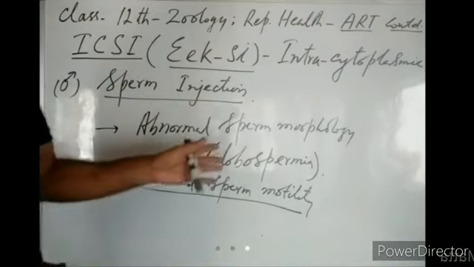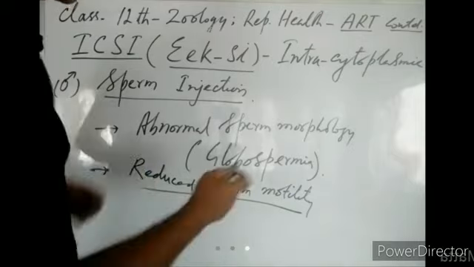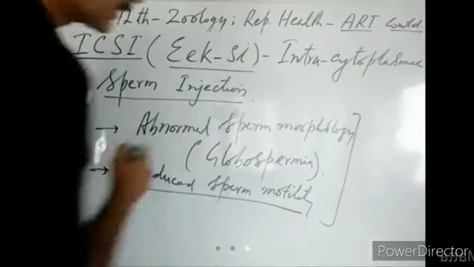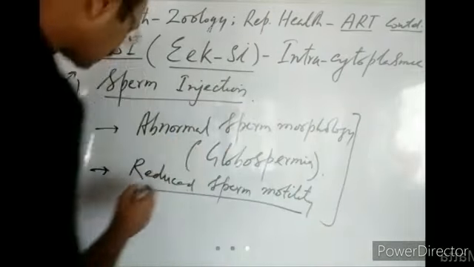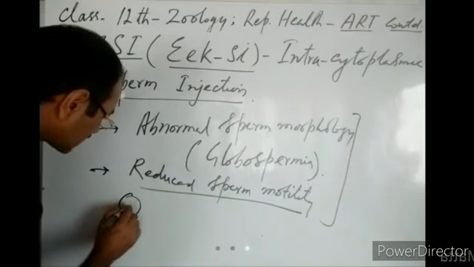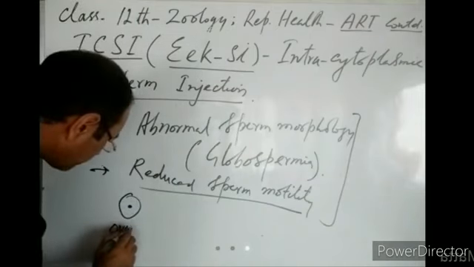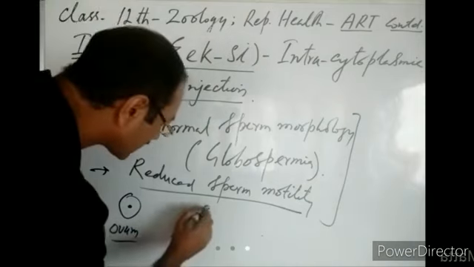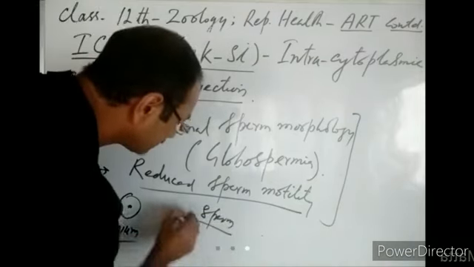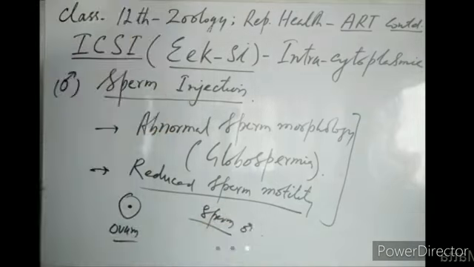So how is their infertility treated now? For solving this infertility, the ovum is collected from the female. Sperms are collected from the male, right?